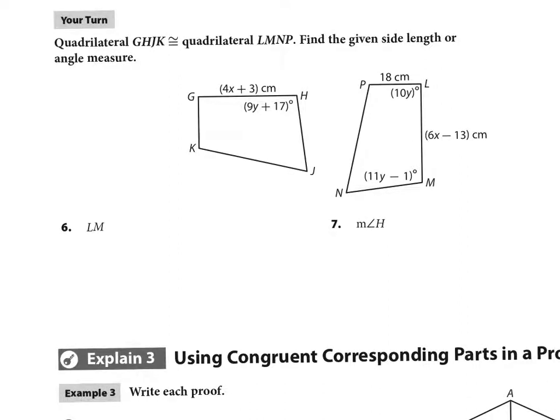So it's given us two quadrilaterals and it wants us to find the given length or angle measure. So let's do LM. And if we look up here at the letters, we can see that LM is in the same place as GH. So it means that LM is going to be congruent to GH.